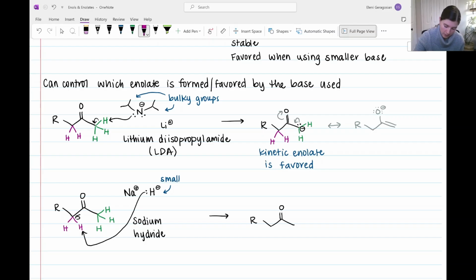So in the product, we've removed one of the alpha hydrogens, generate a negative charge on that carbon. We could do the same resonance as we did in the previous example. And we still have all three of the hydrogens from the CH3 group. So with a smaller base, the thermodynamic enolate is favored.